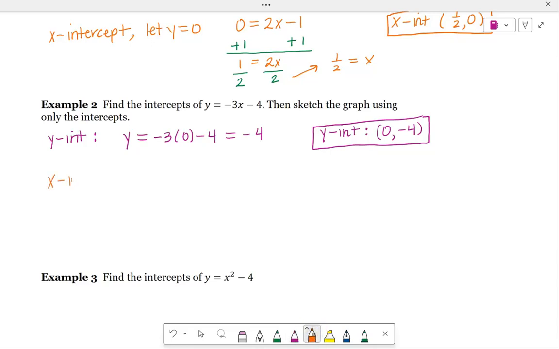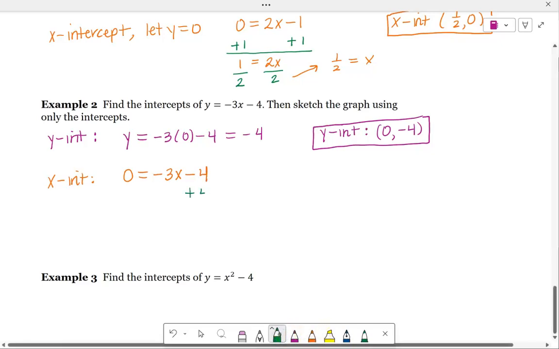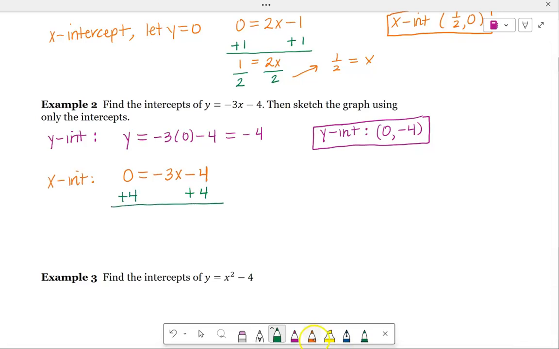For our x-intercept, we'll let y equal 0, and we'll solve for x. I'm starting by adding 4 to both sides.